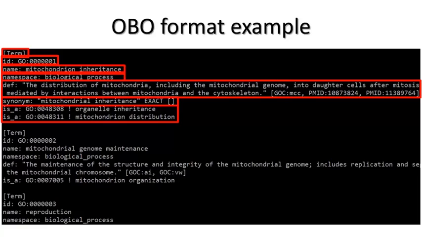Here, mitochondrial inheritance is a kind of organelle inheritance which has an ID of GO:0048308, and it is a kind of mitochondrial distribution which has an ID of GO:0048311. There is an empty line between two terms.